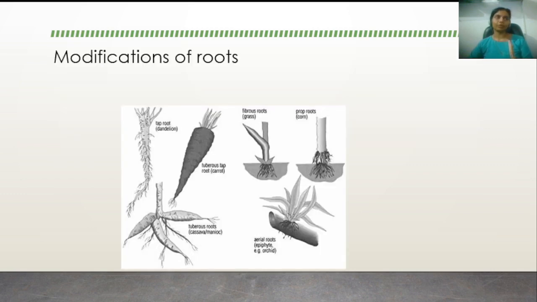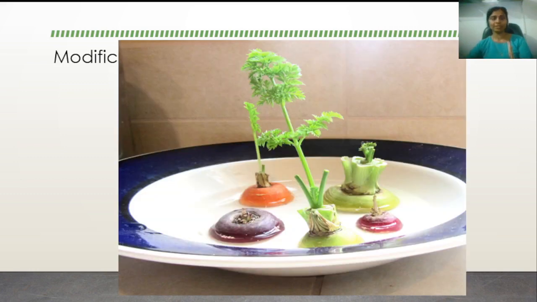So the modifications of the roots, we have already seen the types of root systems, that is taproot system and the fibrous root system. Let's take a look at this picture. What do you see here? You can see the tops of certain vegetables like carrot, beetroot, radish, and you can see that when placed in water, slowly over time, it develops these thin stems and leaves of the original plant.